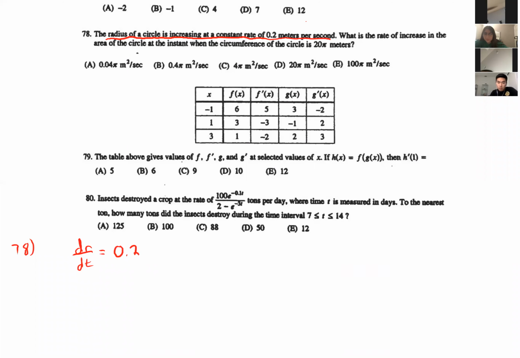And it's asking, what is the rate of increase in the area of a circle? So that's going to be dA over dt. So that's going to be a question mark. That's what we're solving for. At the instant when the circumference is 20 pi.